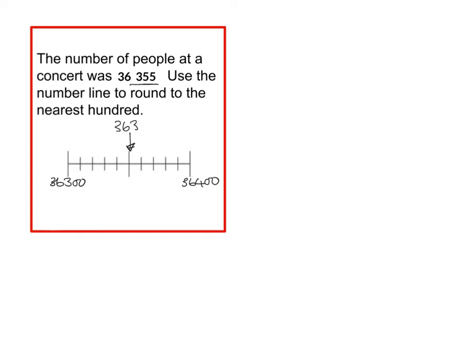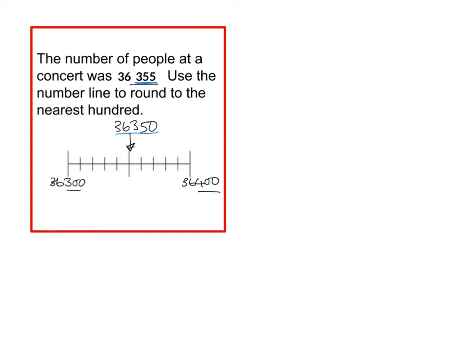The middle would be more than 36,300. It would be halfway between this hundreds number and this hundreds number. So it would be 36,350. That's in the middle. Now we have to ask ourselves, where does this number fall? So this number here, 36,355, does that come before or after this number?